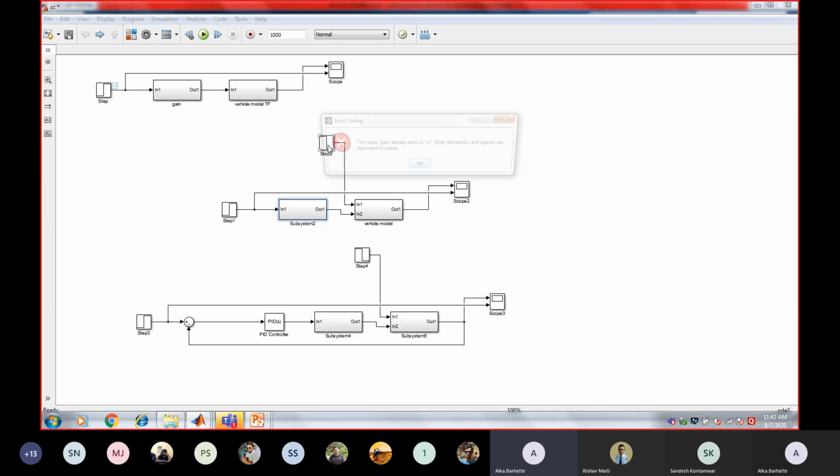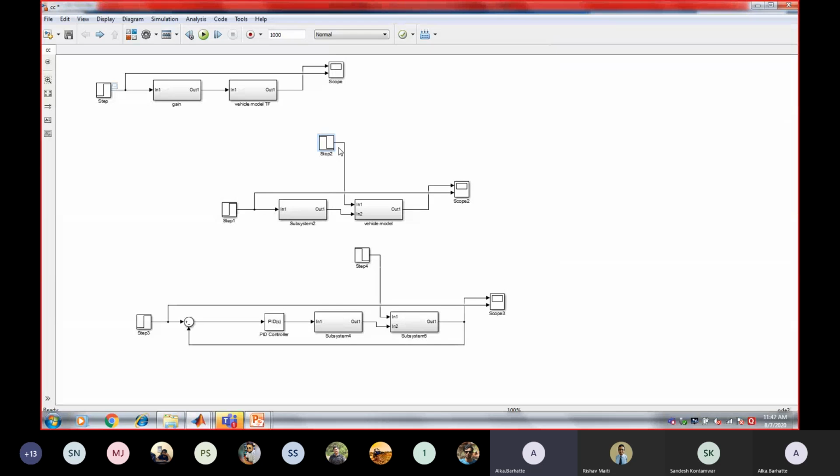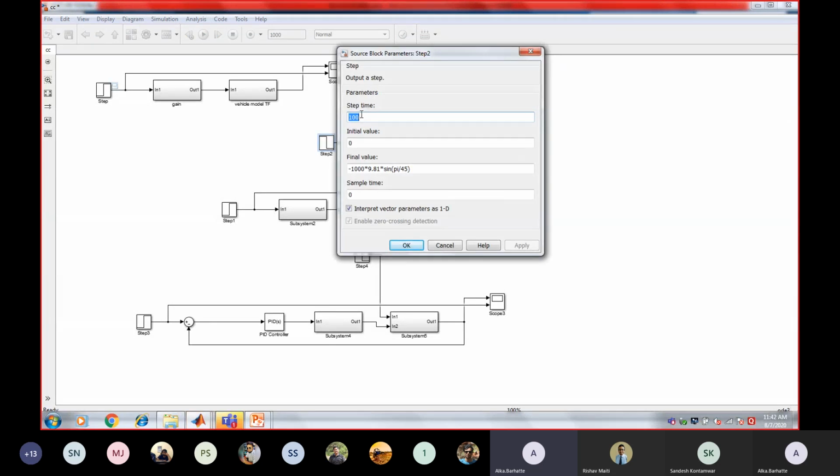There are some disturbances, and those disturbances we are representing using another step function, to represent the disturbance, and that is applied after a step time of 100 seconds. Okay. So the disturbance value is represented as mg sine of theta.